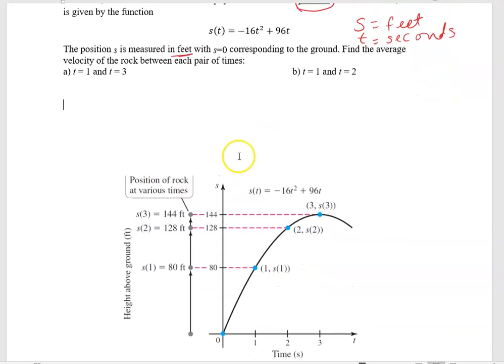So what I'm going to do then is I'm going to say, all right, the average velocity, you can kind of think of average velocity as slope. That's really what that is. So the average velocity would be the change in the position over that time interval. So we could say S of 3 minus S of 1 over the change in time, 3 minus 1.